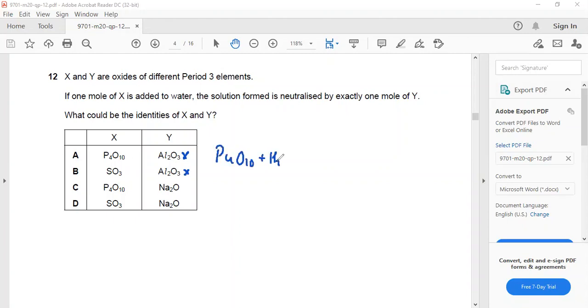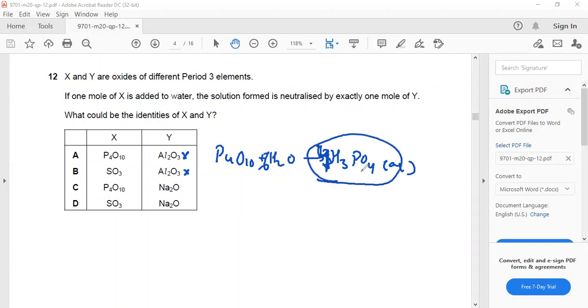P4O10 plus water gives H3PO4. So 1 mole of phosphorus oxide reacts with water to form phosphoric acid, and it's not even balanced. Sorry, 4 to 12, 6.